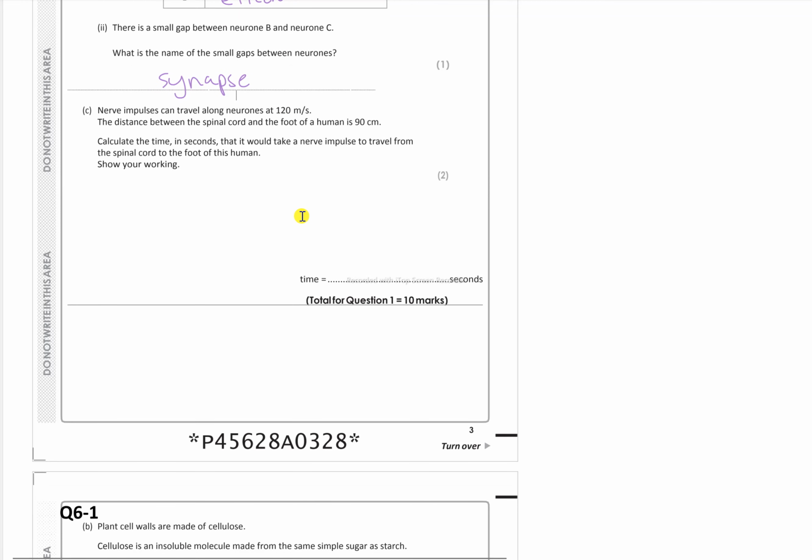This here is a speed, distance, time graph. We know they're traveling at 120 meters per second, and there's a distance of 90 centimeters.